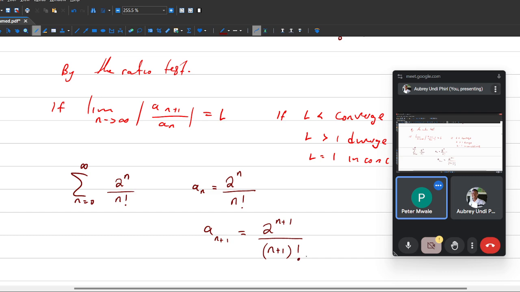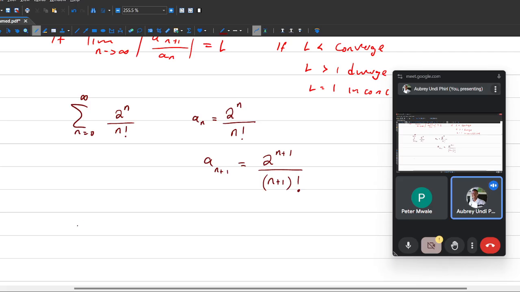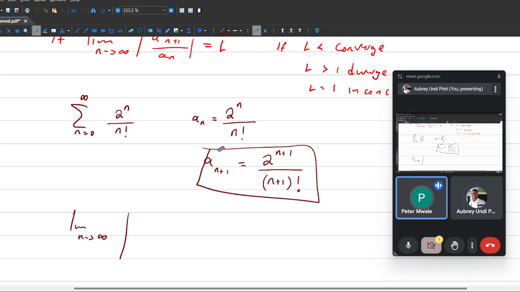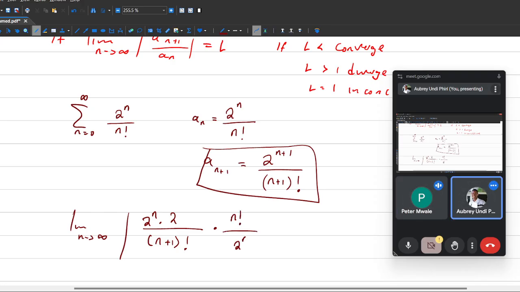Okay. So now we apply the limit as n approaches infinity. You're starting with your n plus 1, right? So you put 2 to the power n times 2 all over (n plus 1) factorial, and then this will be the inverse of this, which is n factorial over 2 to the power n.